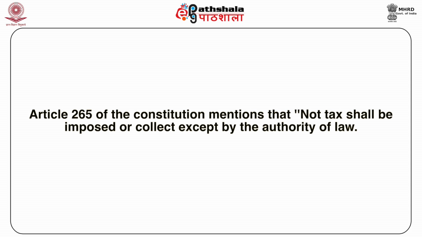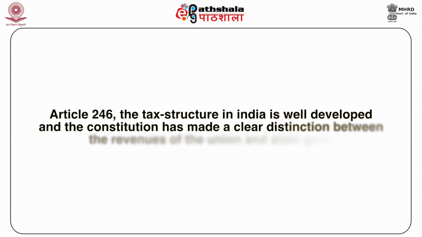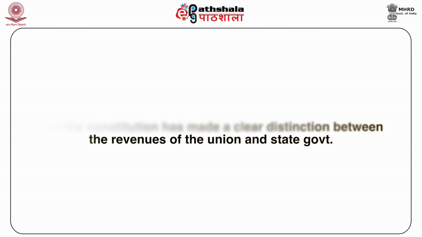Article 265 of the Constitution mentions that no tax shall be imposed or collected except by the authority of law. According to Article 246, the tax structure in India is well developed and the Constitution has made a clear distinction between the revenues of the union and state governments, articulated in the form of the three lists: union, state and concurrent.